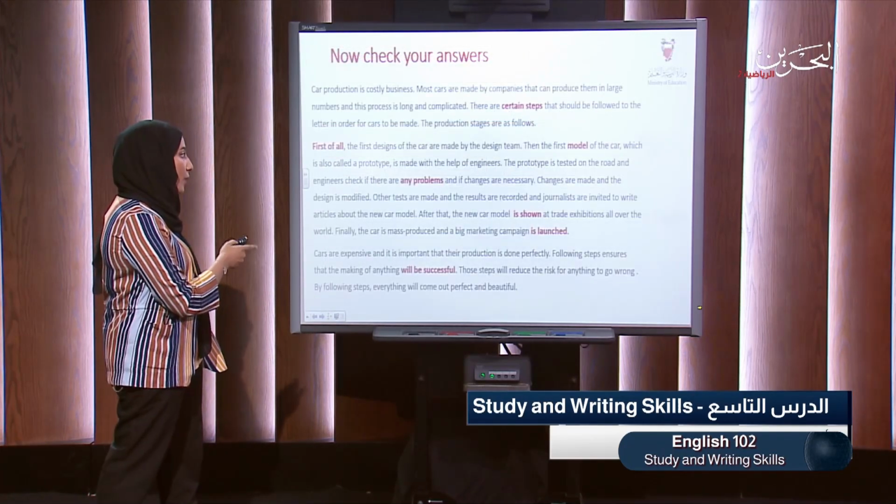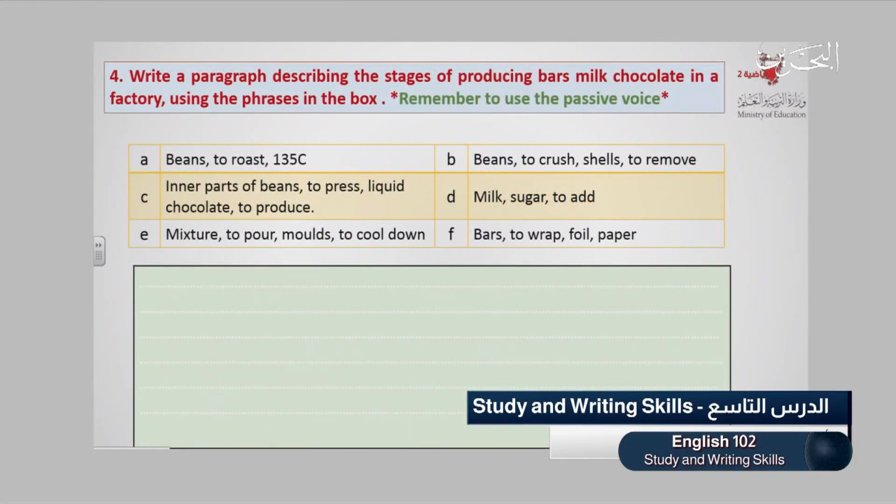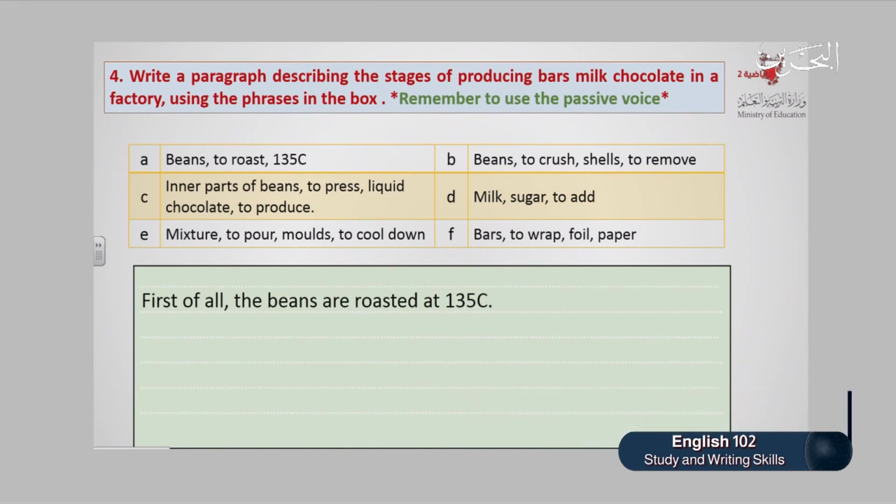So: first of all, next, finally, after that, and remember to use the passive voice. I'll give you the first one as an example. First of all, the beans are roasted at 135 degrees Celsius. I'm expecting you to continue with the next. So tell me what the process is. Again, I'll give you 3 minutes.